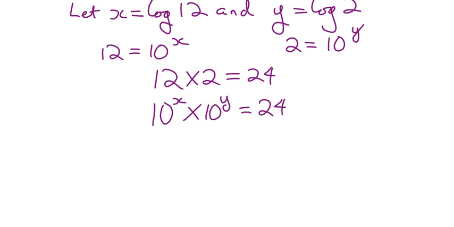Right? So all we've done is we've replaced 12 and 2 with their exponential equivalents, right? And what do we do when we multiply powers with the same base? So 10 to the x plus y is equal to 24.